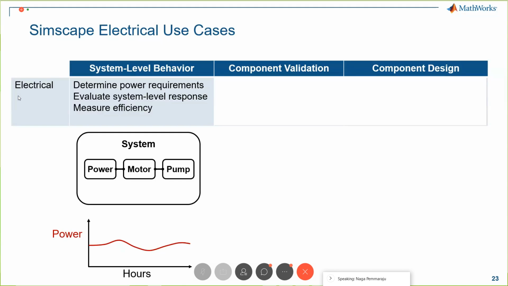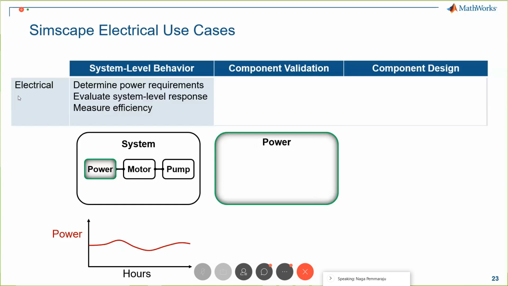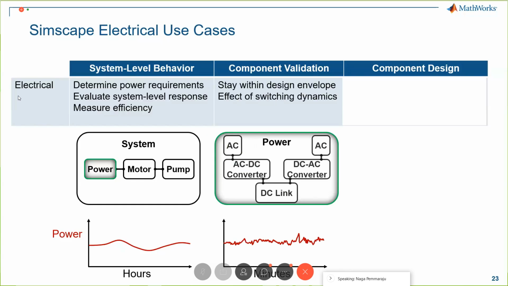This simulation can run up to hours in terms of time frame, and I can simulate multiple hours without any issues. Now, for component level validation, if I take a power system, I need to understand its various switching dynamics, right? So that's where I will slowly introduce the concepts of an AC/DC converter or DC/AC converter, the bus, all of that, and then I can run several minutes of simulation here.